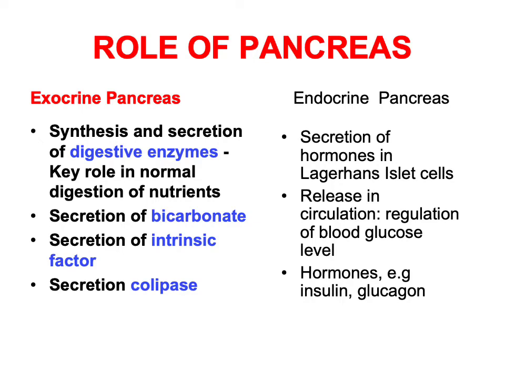The exocrine pancreas makes the synthesis and secretion of digestive enzymes, which have a key role in normal digestion of nutrients. Secretion of bicarbonates and intrinsic factor as well as the co-lipase are important in the digestive functions.